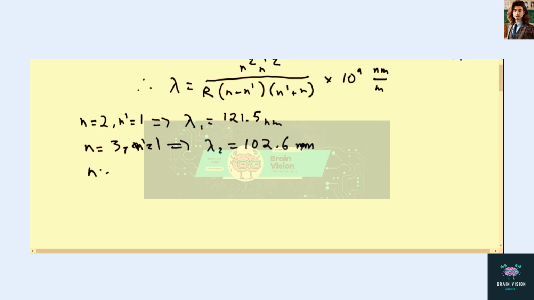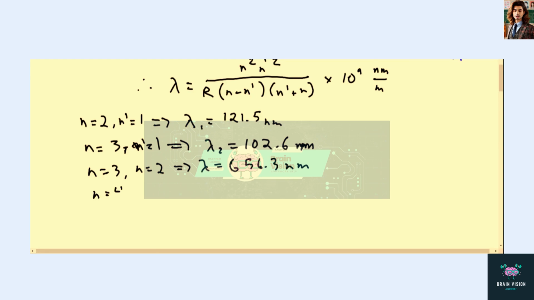Going from n equals 3 just down one state to n equals 2, we can see that wavelength is 656.3 nanometers. Note, I'm conserving 4 significant figures on all those because that's all we have from the Rydberg constant. The n's are all integers.